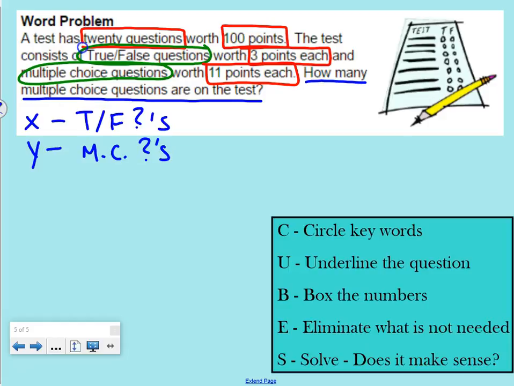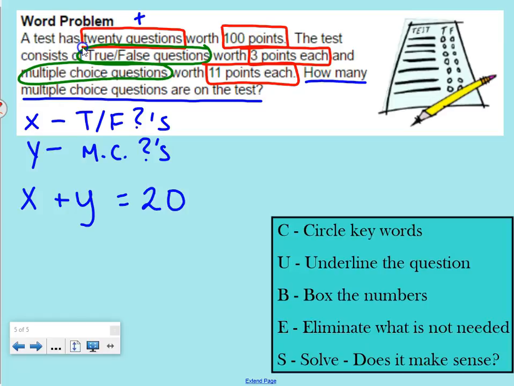Now, if we have a total of 20 questions, that means we're adding something and it's going to equal 20. Well, we're adding our questions. We're saying the number of true-false questions, X, plus the number of multiple choice questions, Y, equals that total of 20. So that's one equation, but we need our second one for our system.